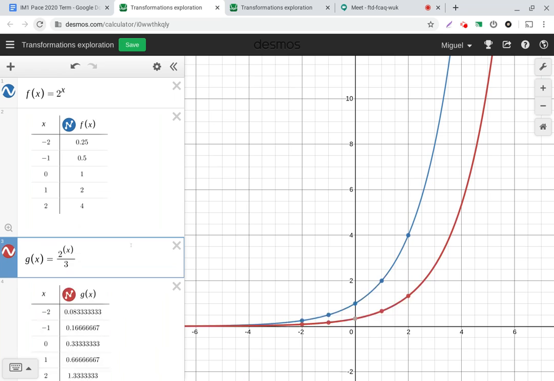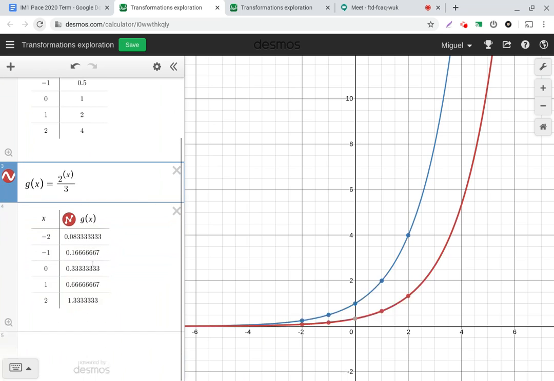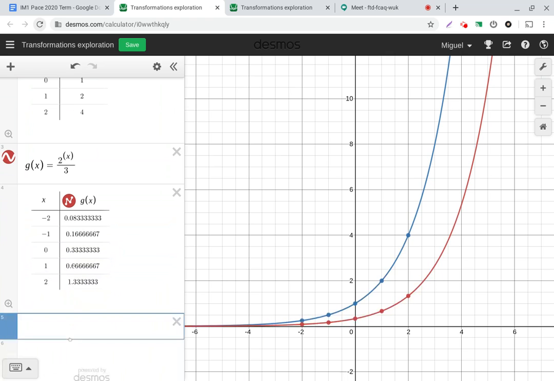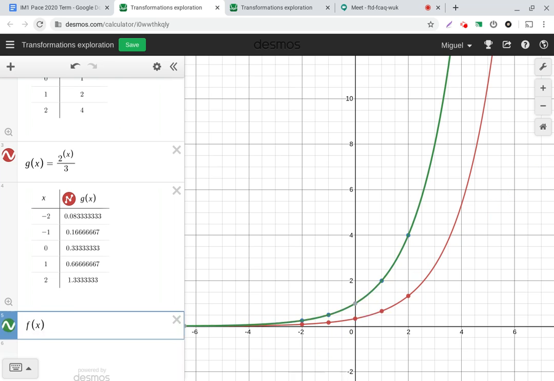Oh, that is not what I did. That is cool. All right, Abby, what did you do? Because that's not the only way to do it. I've never seen this before. I did f of x times a. Okay, so basically f of x times 3.